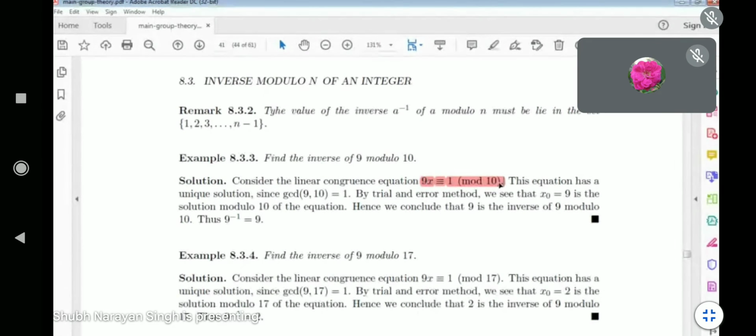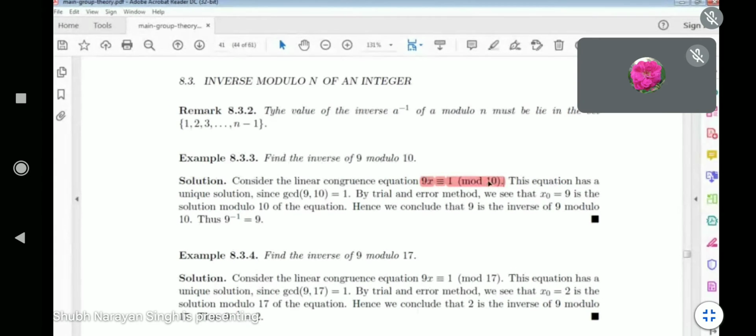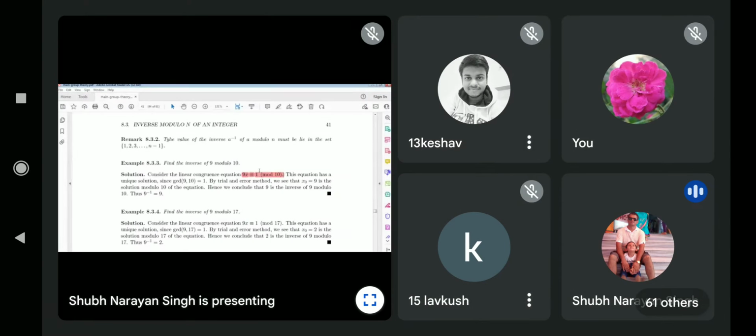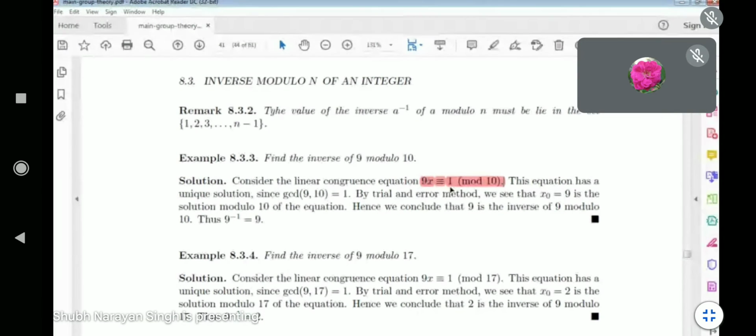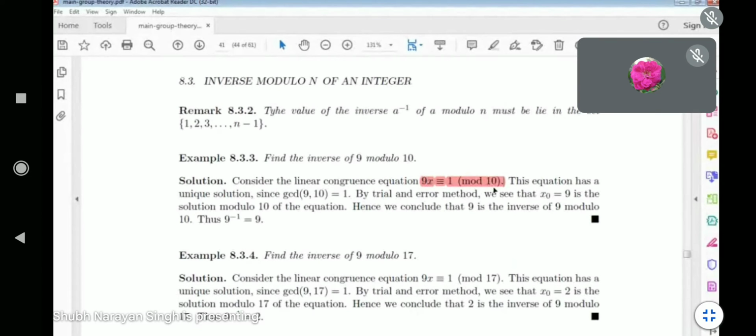In modulo 10 system, 9 is a unique solution, none other is a unique solution. That means you cannot get any other solution in this set from 1 to 9. In between 1 to 9, you will get only one solution. That's why we call it the solution in modulo 10 system. That is the meaning of modulo 10 system, because we get only one solution in this set from 1 to 9.